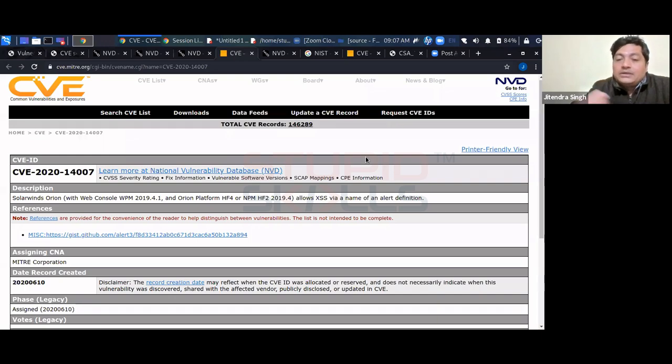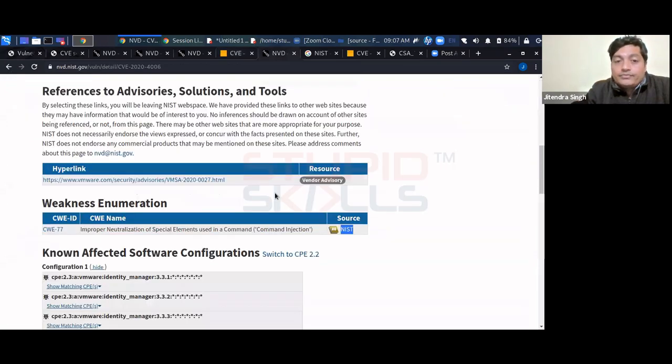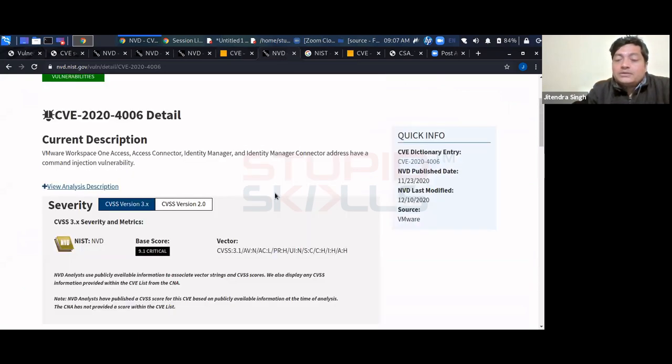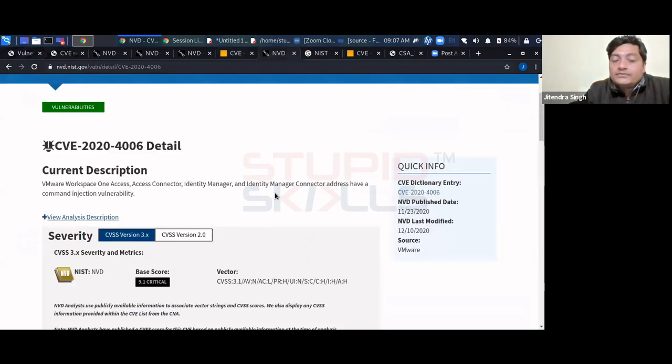Okay. So when further research is done on that, it was found that related to this kind of exploit, the NSA, if you are aware, already issued an advisory way back on, I think, December 7 or 8, which was classified as CVE-2020-4006.